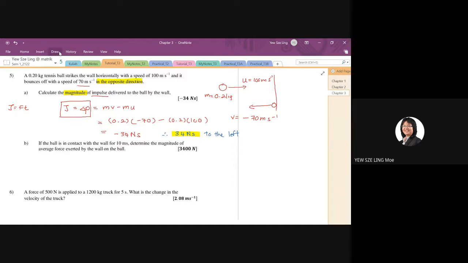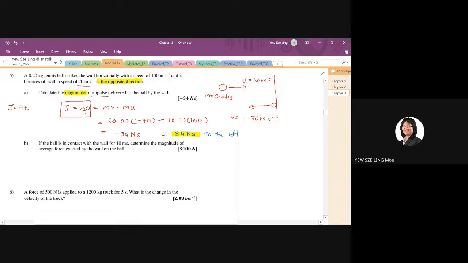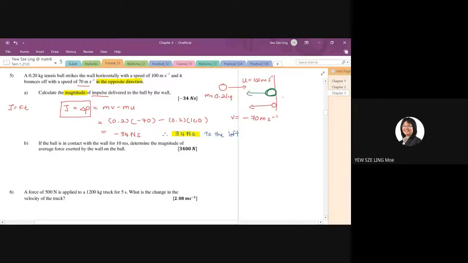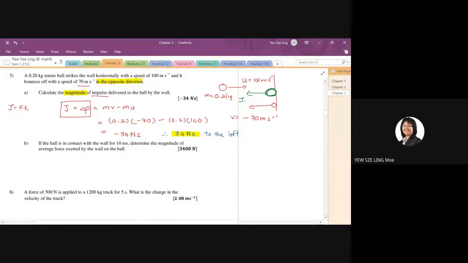So does it make sense? Yes. Now, if the question asks you to calculate the impulse to the wall by the ball, then what are you going to do? Recall the diagram that I gave you the other day. The moment the ball hits the wall, the impulse from wall to ball is going to the left. This is J, wall to ball.